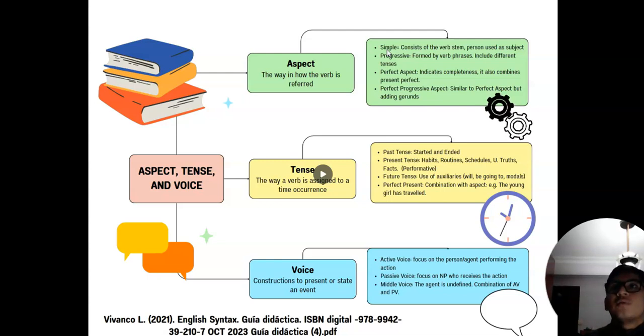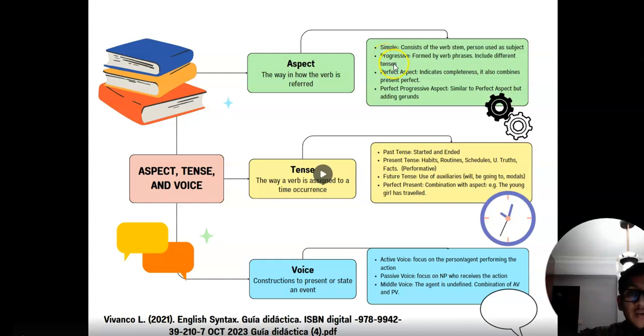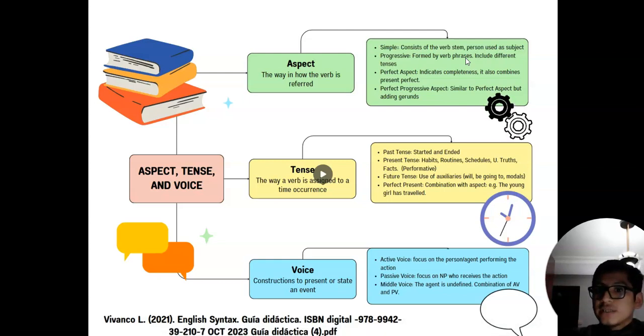To put an example, Gabi played soccer. So we are adding ed. Next we have the progressive aspect, which is formed by verb phrases which include different tenses. This is important because the progressive aspect includes past, present, and future.